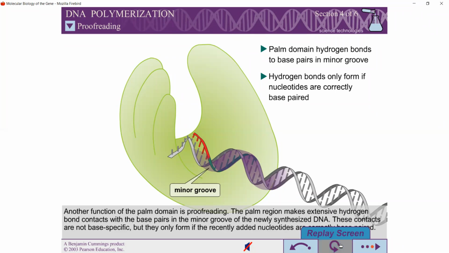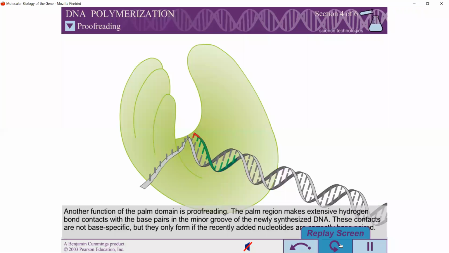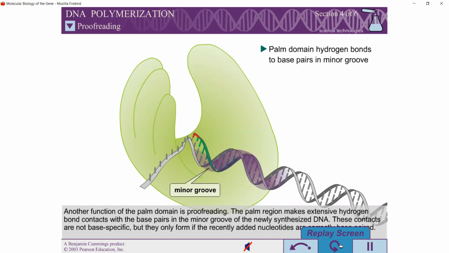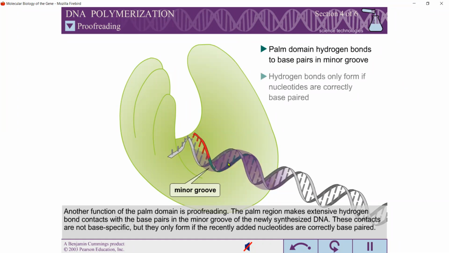Let's go over this animation once more. As you can see, this is the minor groove. Hydrogen bonds are being formed, and hydrogen bonds only form if nucleotides are correctly base paired. Now what happens?